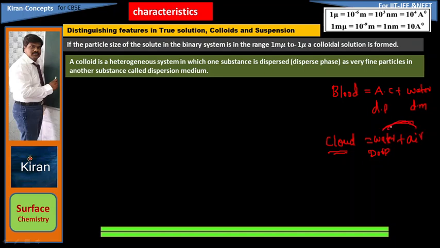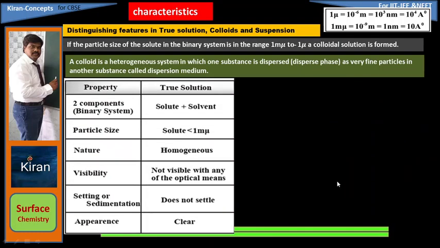These two combined together give the cloud, where this is DP and this is DM. Like that, we can give many examples. So let us see the differences one by one. What are the properties we are going to see here? For a true solution, it forms from solute plus solvent, and the solute particle size is less than 1 millimicron.